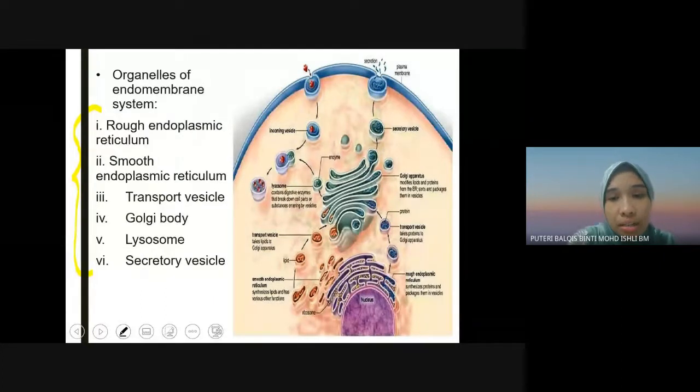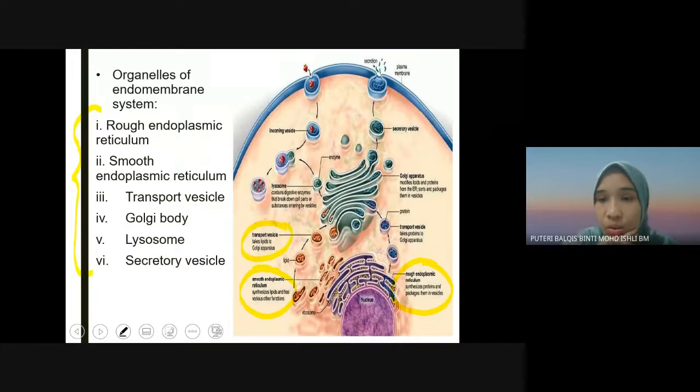So rough ER, where is it? Yeah, this one is rough ER. And we also have smooth ER, where is it? Yeah, this one. And then the transport vesicle, the Golgi body or Golgi apparatus, the lysosome, and then the secretory vesicle.